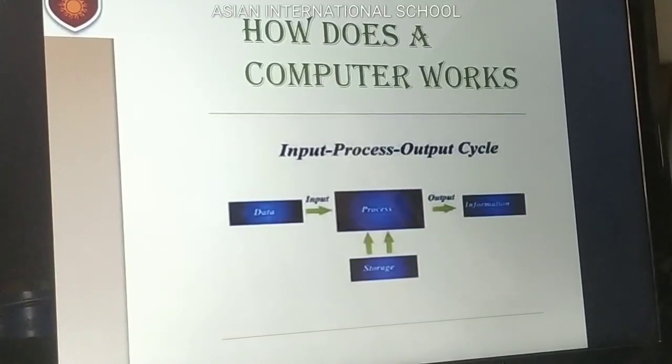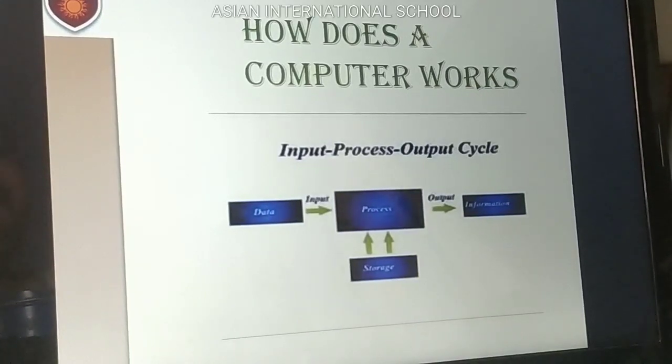Now, how does a computer work? In the first lesson, we discussed a little about the working style of the computer, that it works on the IPO cycle.